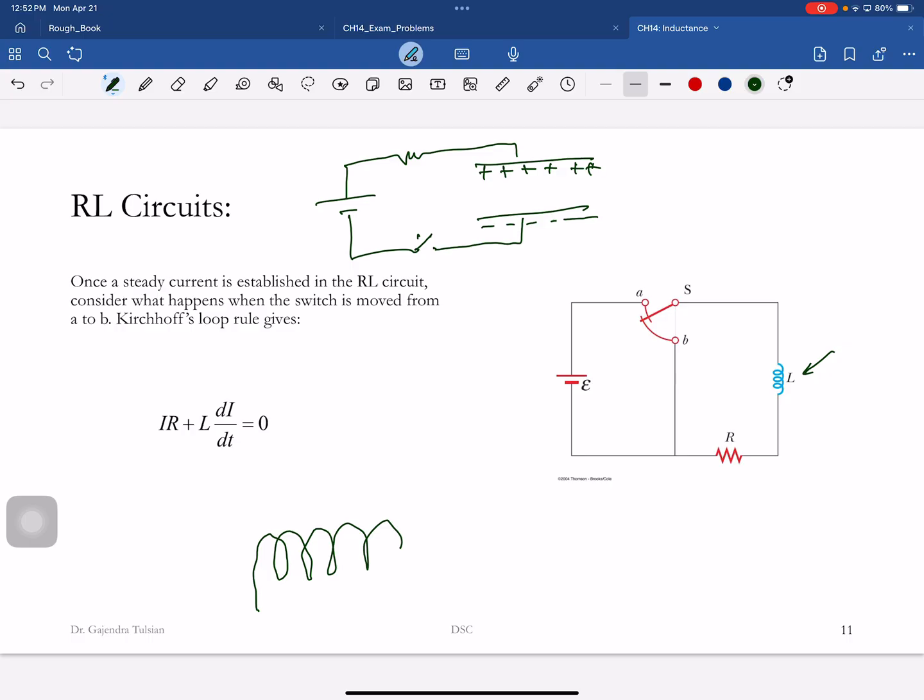And when the capacitor gets charged, you have an electric field. So what happened in this process? The capacitor got charged. Energy from the battery flowed into the capacitor, and energy is stored in the capacitor.